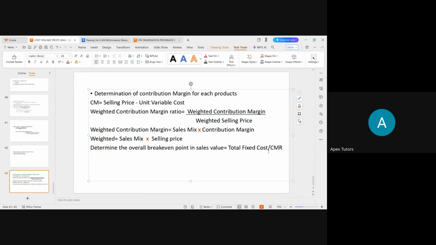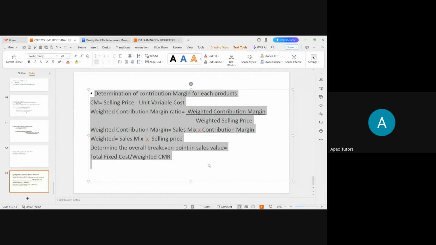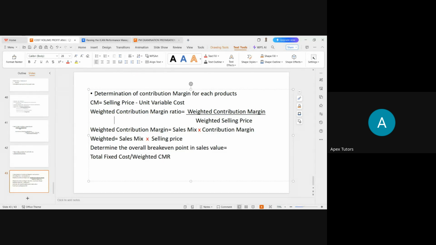Total fixed cost divided by weighted contribution margin ratio. Please, this is the point of confusion. Understand this. It's not difficult.